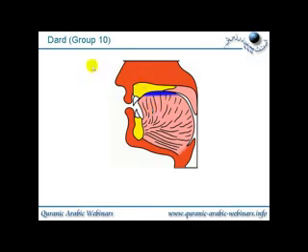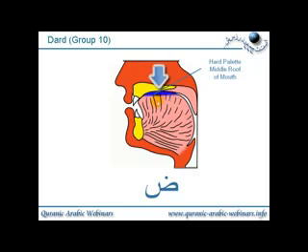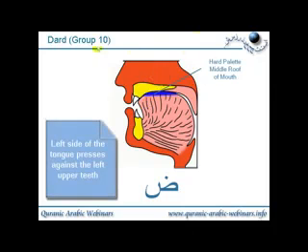The last group is group number 10, which consists of just one letter, and the letter is Dad. Now this is quite difficult to say, and it's difficult to show in a diagram, but effectively what you're doing, if you're right-handed, the left side of your tongue will touch the upper left teeth on the top row of teeth.